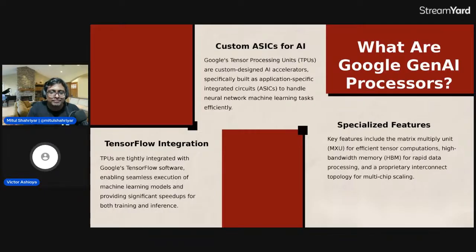So GPUs are tightly integrated with Google's TensorFlow software. The same way GPUs, especially NVIDIA ones, come with PyTorch embedded in the kernels, easy for programming the CUDA, right? So here TensorFlow is embedded in. It enables seamless execution of machine learning models and provides significant speedups for both training and inference.